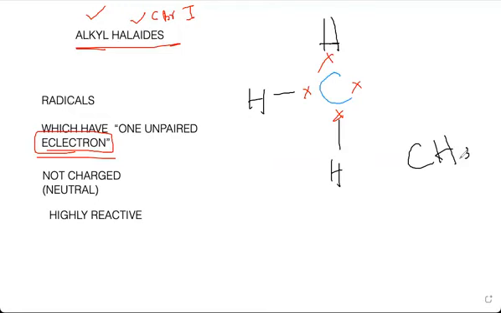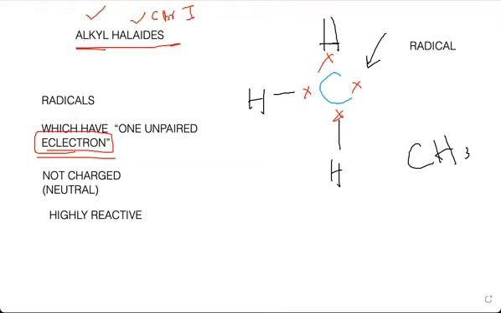There are 3 hydrogens sharing their electron with the carbon, and carbon is also sharing its electron with the hydrogen. There is no charge on the carbon. So you can see carbon has 1 unpaired electron. So right now, carbon is a free radical. Oh, no, not carbon. This whole compound is a radical now. This is a free radical now.